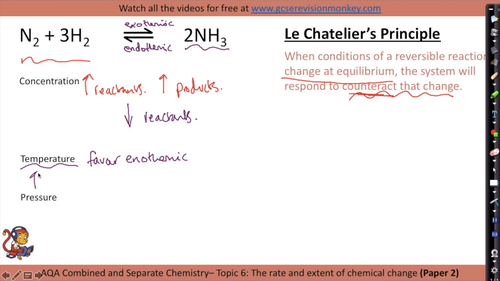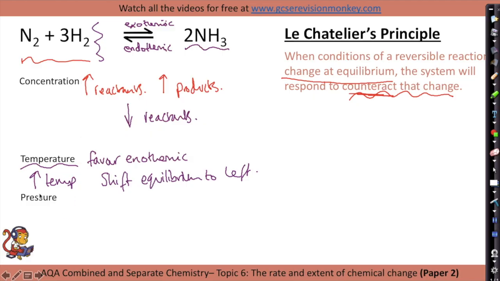So if we increase the temperature, we'd favour this reaction, which is the ammonia breaking down to form nitrogen and hydrogen. So if we increase the temperature, we favour the endothermic reaction, and we shift, in this case, depending on what reaction you've got in the exam, the equilibrium to the left, which means more nitrogen and hydrogen are going to be produced.